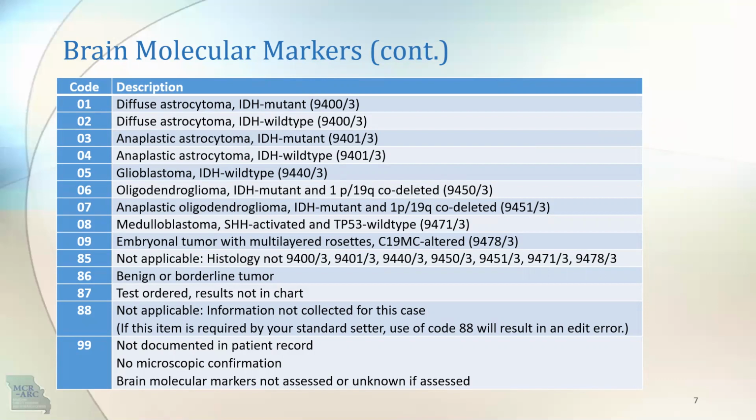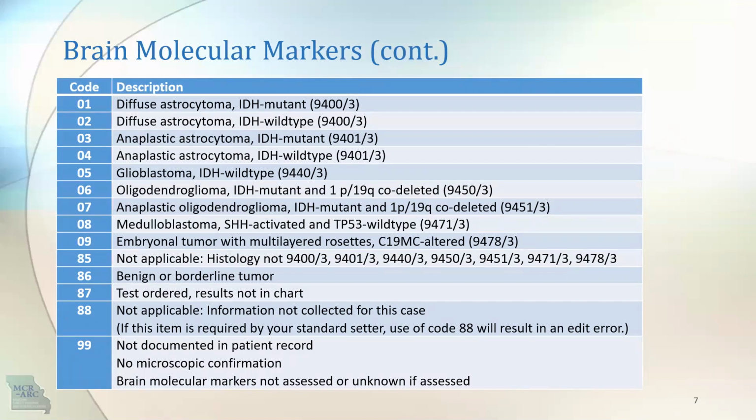You can use code 06 for oligodendroglioma IDH mutant and 1p/19q co-deleted 9450/3. Code 07 anaplastic oligodendroglioma IDH mutant and 1p/19q co-deleted 9451/3.